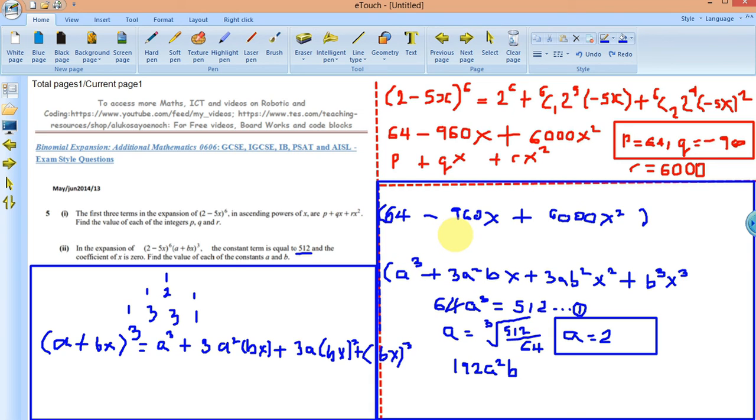So that will be 960x. So this one here, with this another, so 960 a cube, right? And this is minus, so minus 960 a cube x.